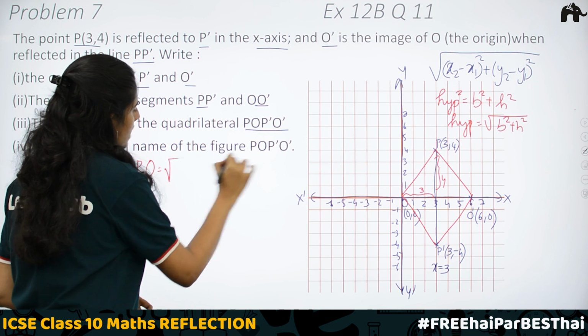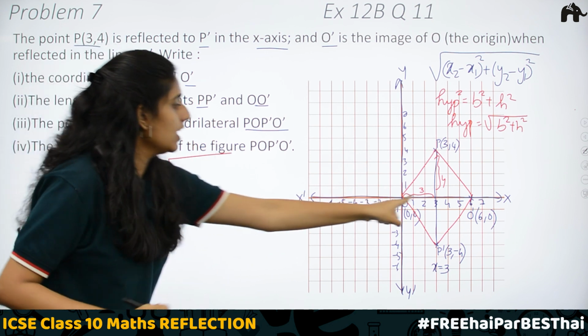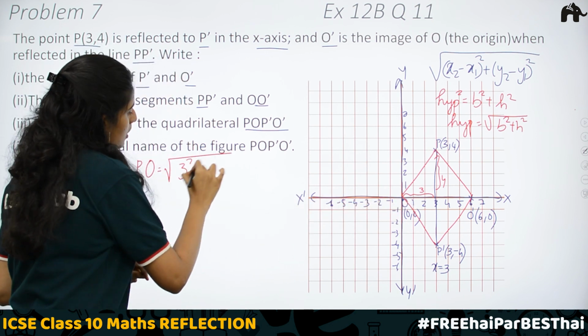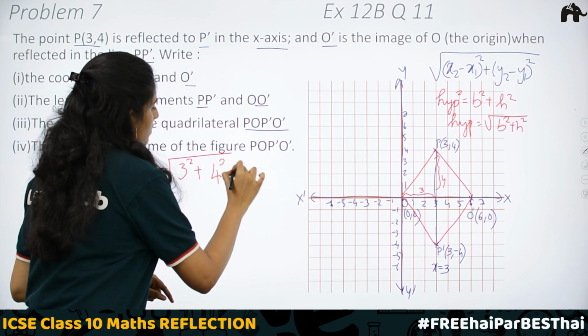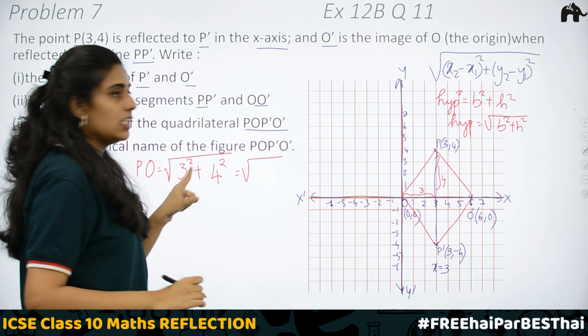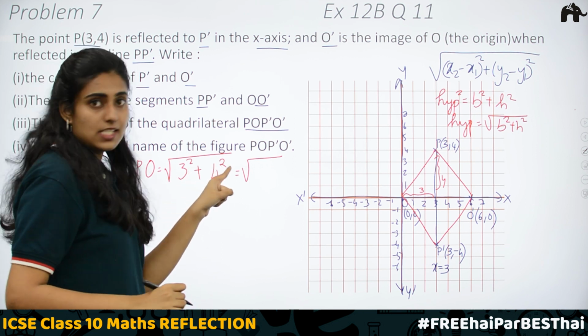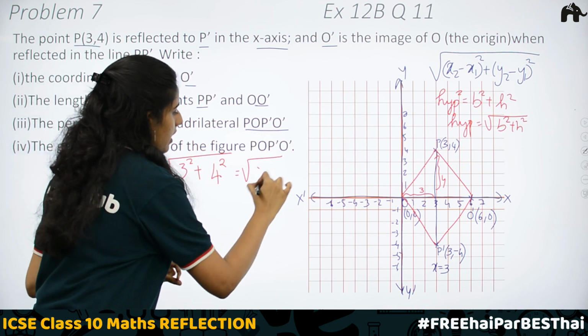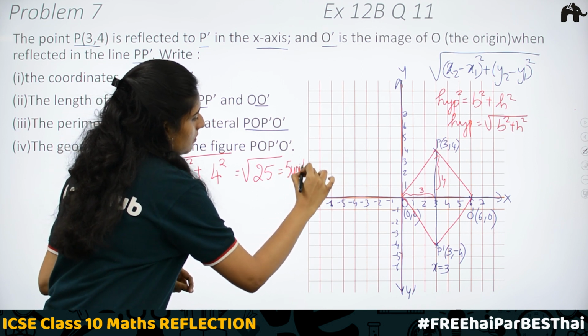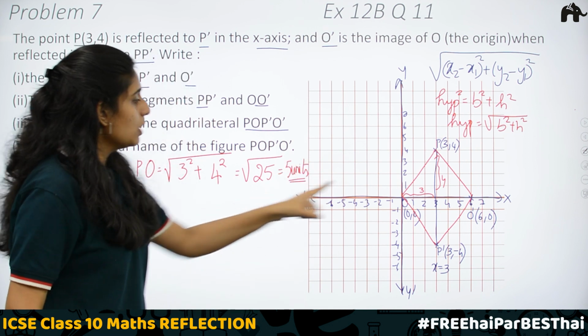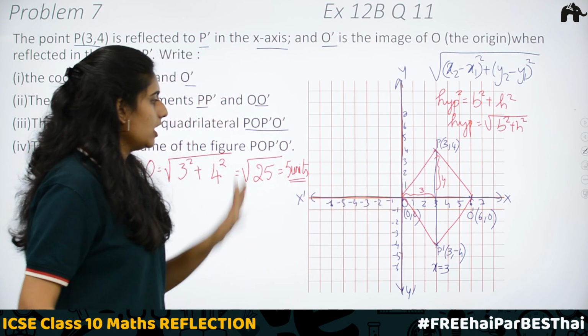Putting the values, we get root of base square 3 square plus height square 4 square, which is equal to root of 3 square is 9 and 4 square is 16. 9 plus 16, 25. Root 25, which is 5 units. Okay, we got PO is equal to 5 units.